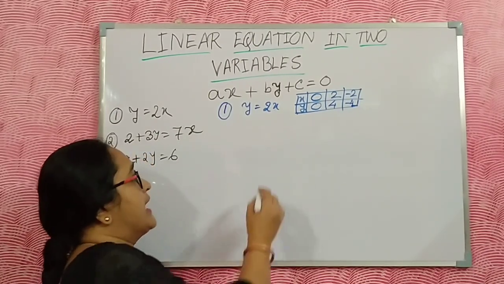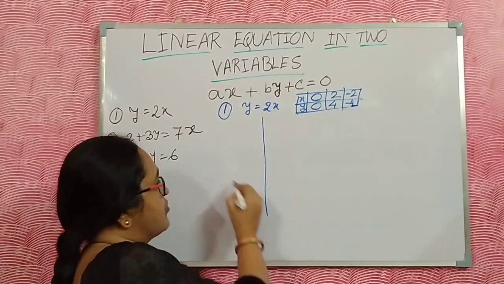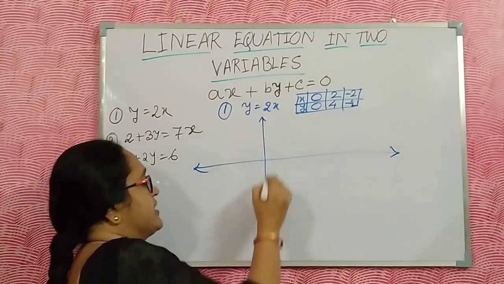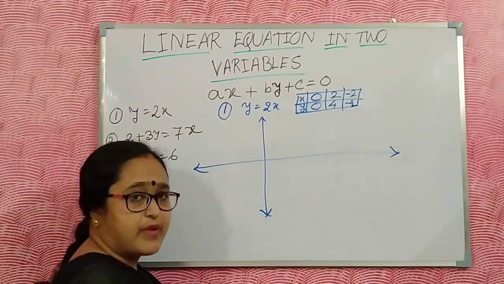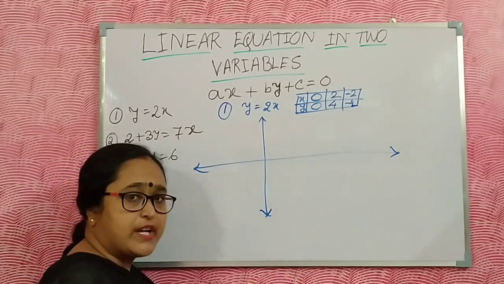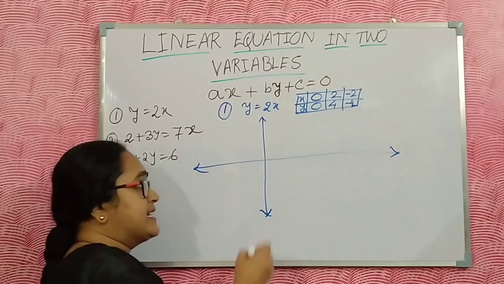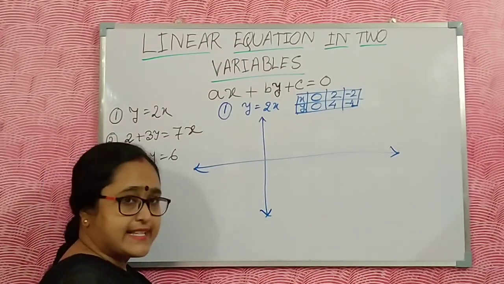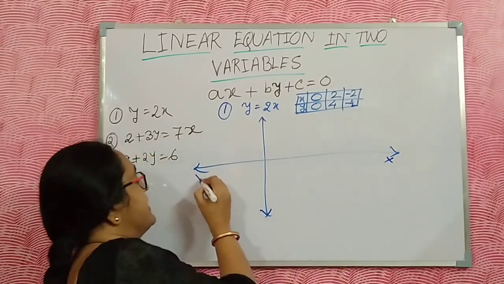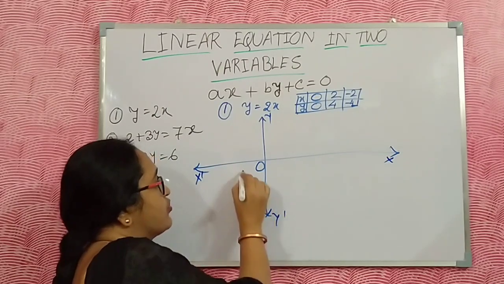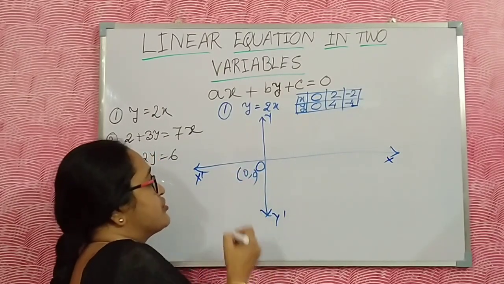Now I make a coordinate axis. All the students already know the coordinate geometry. I already discussed it in my previous classes. The horizontal axis is the x-axis, x dash, and the meeting point is the origin. This is O. The coordinate of the origin is 0, 0.